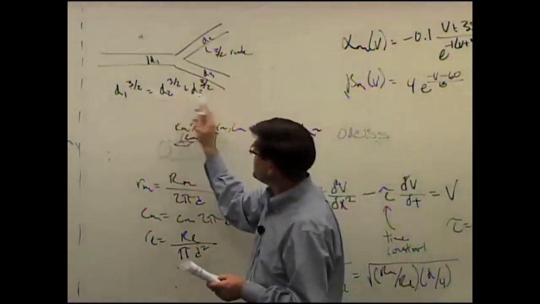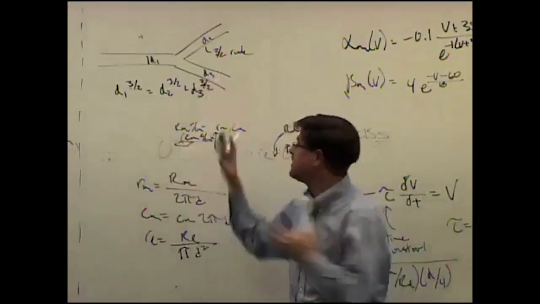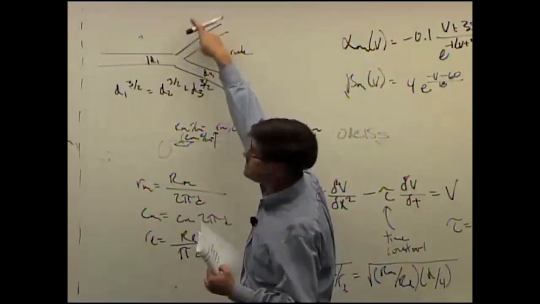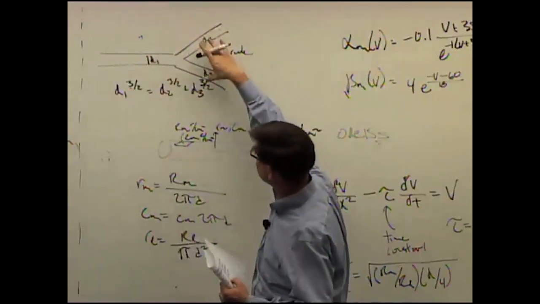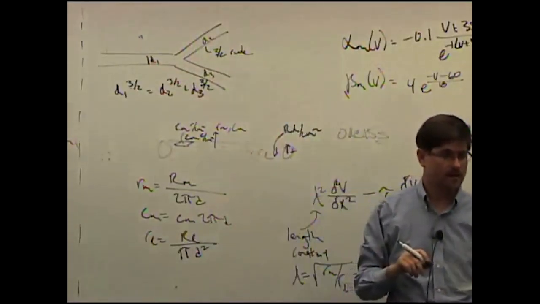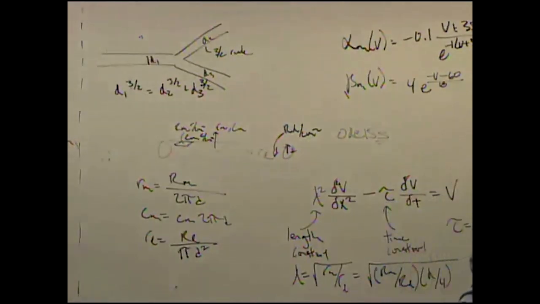If this ratio is smaller than this rule, let's say the voltage is moving this way, if the axon's smaller, the voltage is going to go up when it hits this branch. If the axons are larger than the 3/2 rule, the voltage is going to drop when it goes across that. And if it stays at that, then the branching is not going to change it.